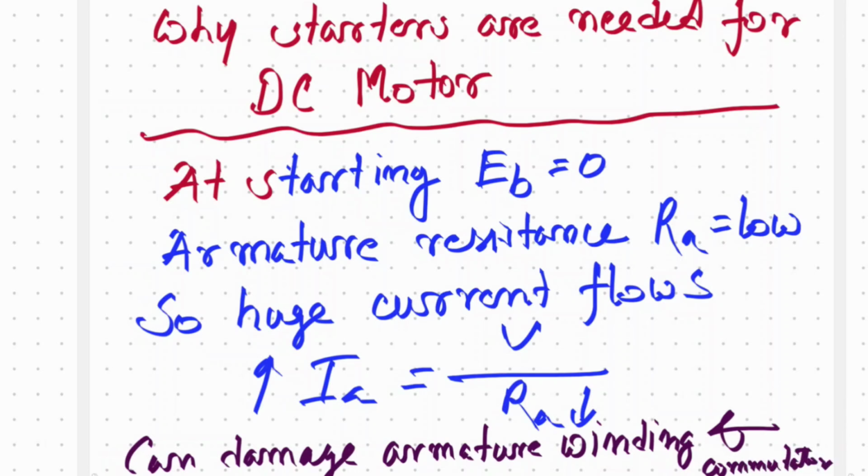So at starting, as back EMF is 0 and armature resistance is low, a huge current will flow, which can affect the armature winding and commutator. So to reduce this condition, a starter is needed at the time of starting.